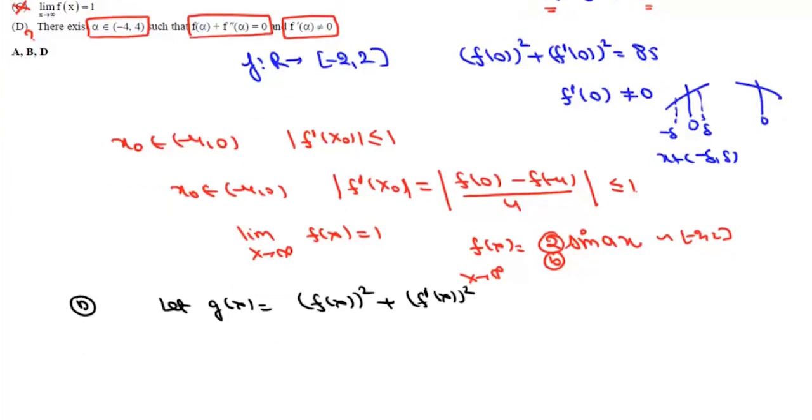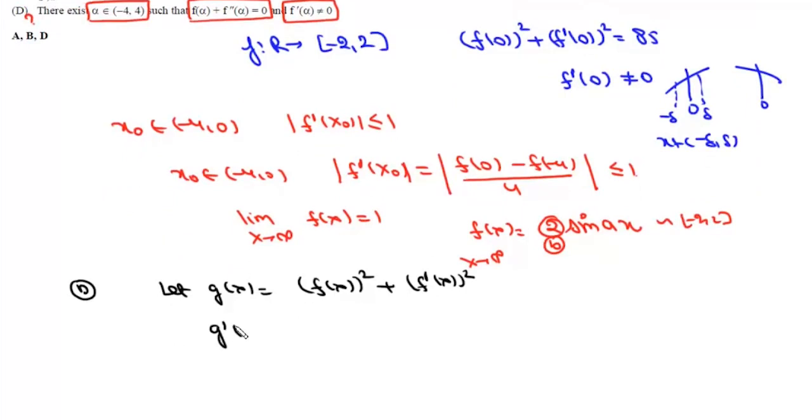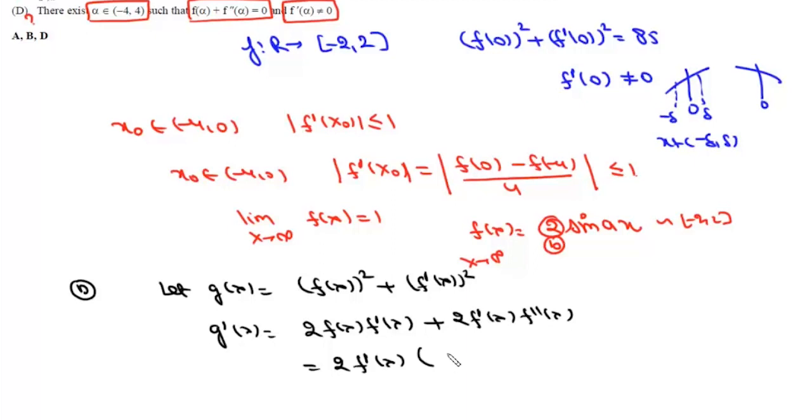Now if we find g'(x), then g'(x) will be 2f(x)f'(x) + 2f'(x)f''(x). Now we'll take 2f'(x) common, and then we'll have f(x) + f''(x).